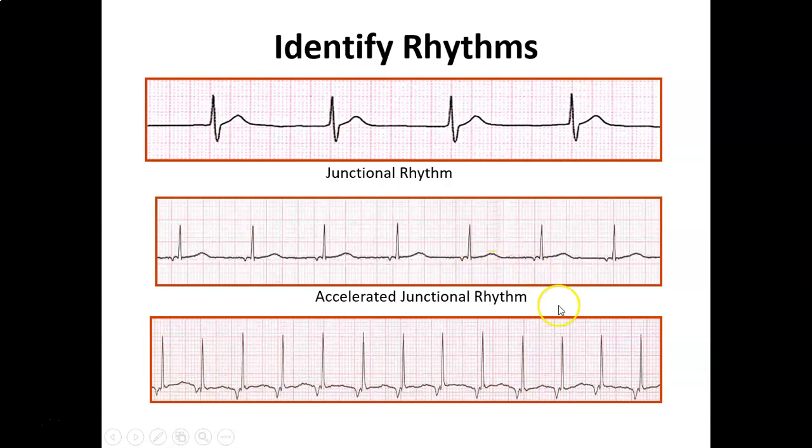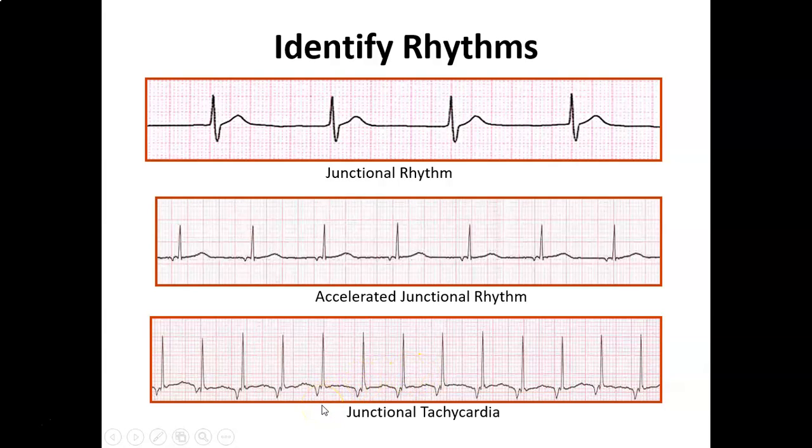So this is your accelerated junctional rhythm, and in the final rhythm strip on the bottom, this is tachycardia, more than 100. No P waves. These are abnormal inverted P waves, which are definitely abnormal, and they're not coming from the sinus node. They're coming from the junction, somewhere from the junction.